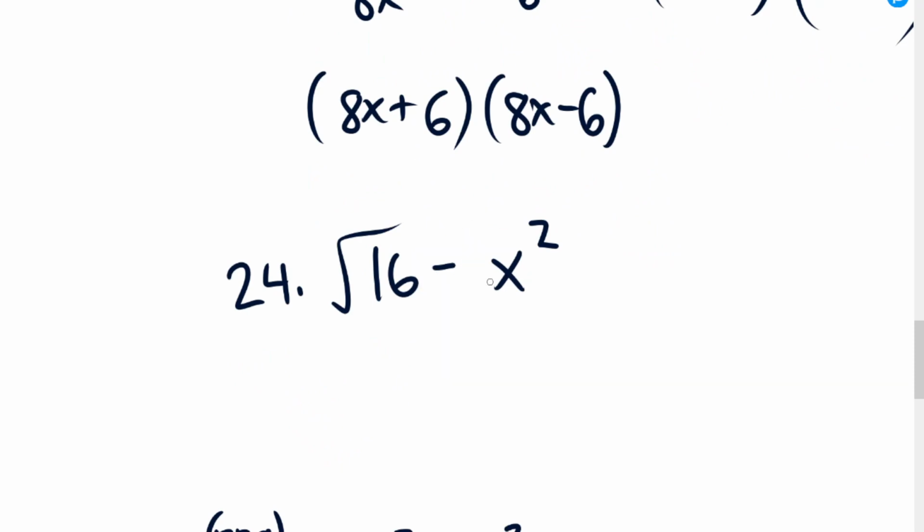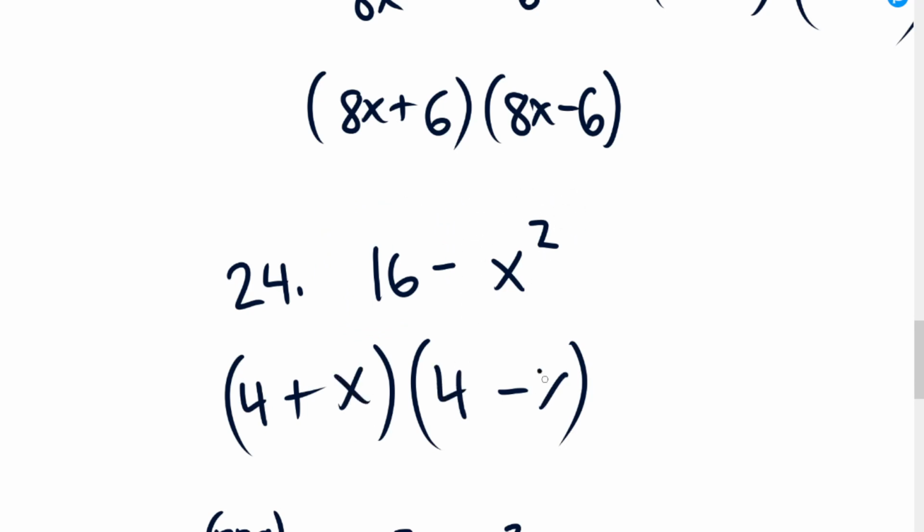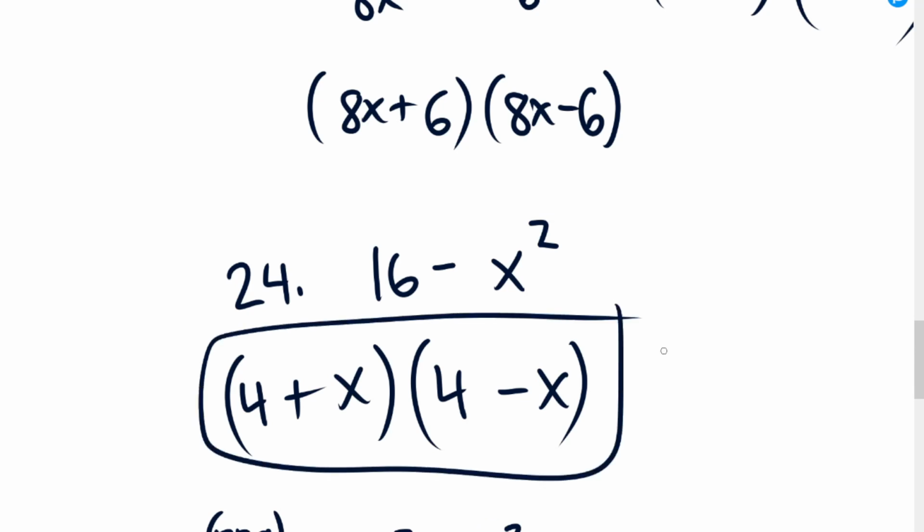We have a negative here, so it's allowed. It's going to let us use the perfect square method, and we'll draw our little parentheses, and we'll do a plus and a minus. Our first term is going to be 4 because the square root of 16 is 4, so we'll drop a 4 in both, and then the second will be an x, and that would be it factored.